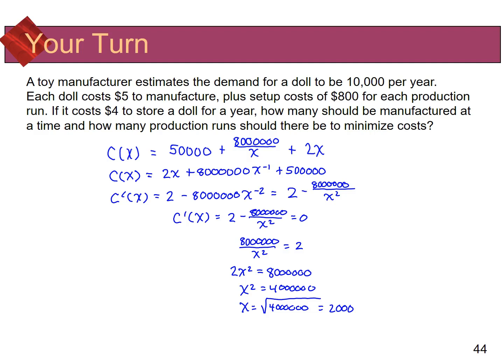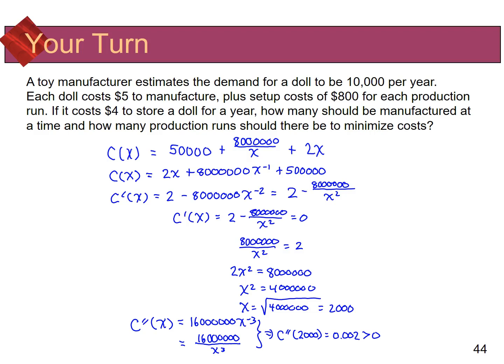I do the second derivative, and I get that the second derivative becomes 16 million over x cubed. No matter what positive number I plug in for x, this is going to be positive. The fact that the second derivative is producing a positive result at 2000 means it is concave up there, and being concave up means I am reaching a minimum.